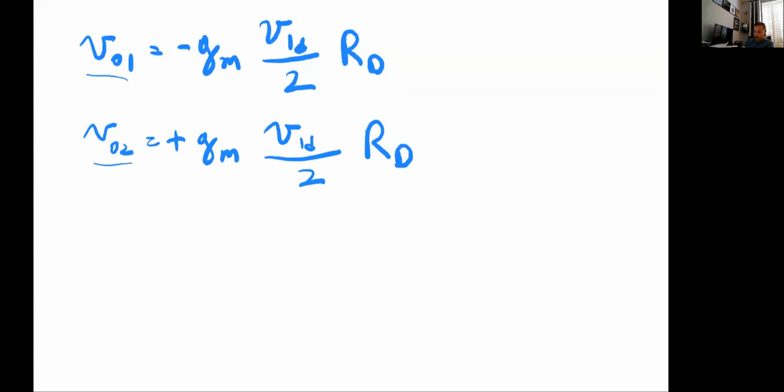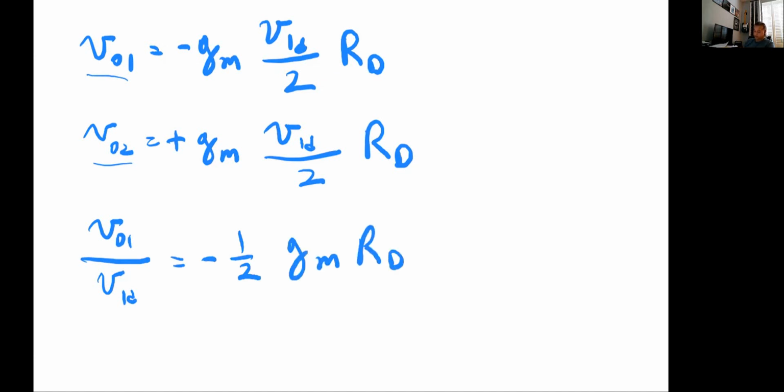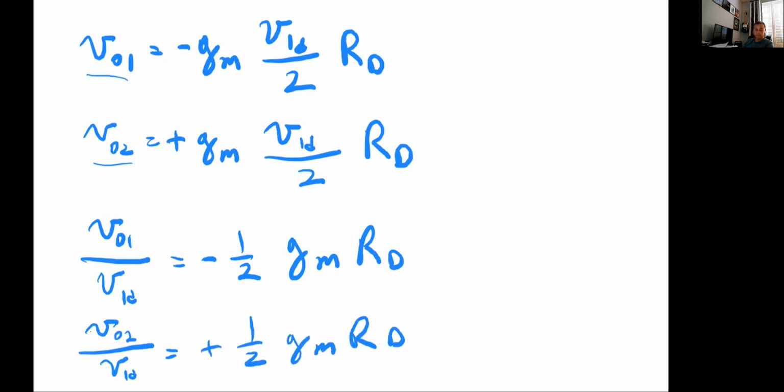So for transistor 1, my voltage gain, the output voltage in relationship to the differential input voltage, is going to be minus 1/2 GM RD, and similarly, plus 1/2 GM RD.